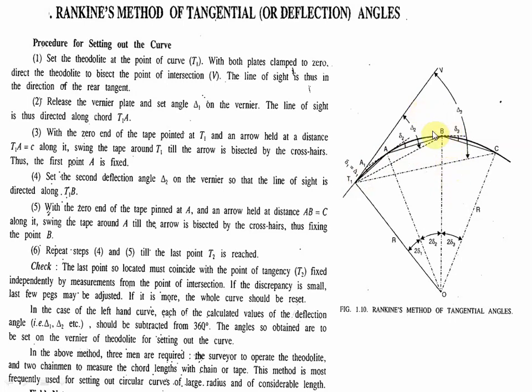Where the arrow is bisected by the crosshairs, fix the point B in that location. Okay, again you have to continue the same procedure.